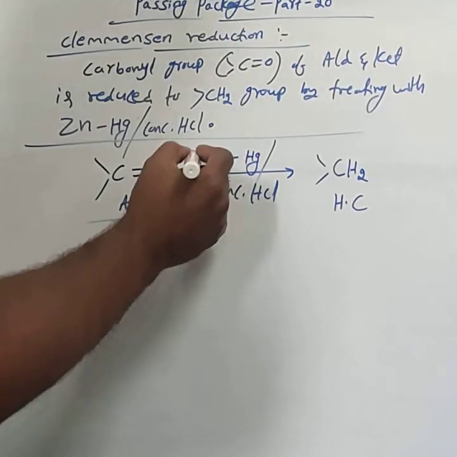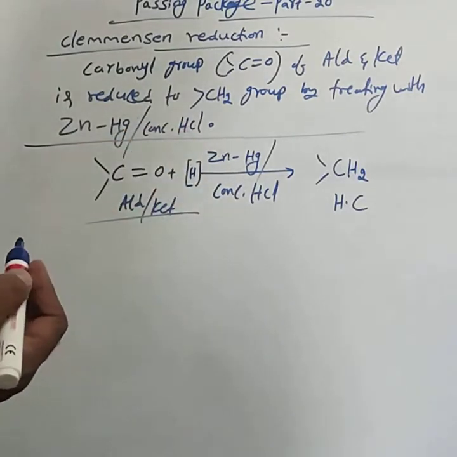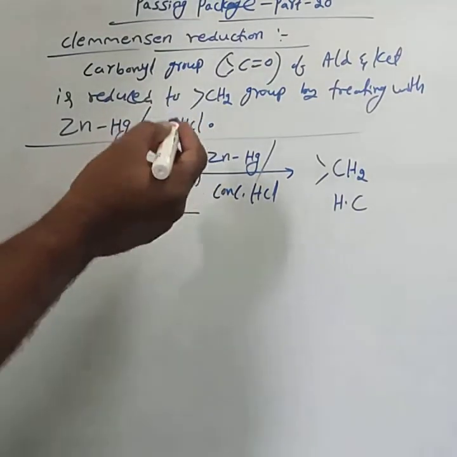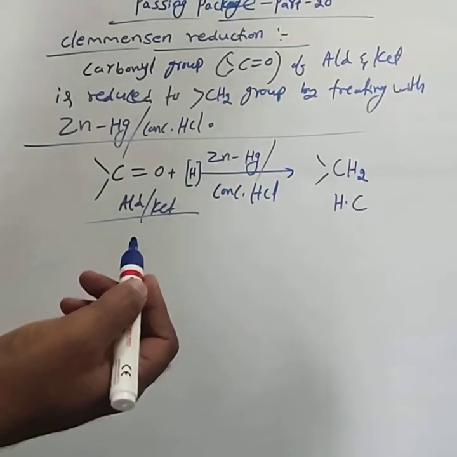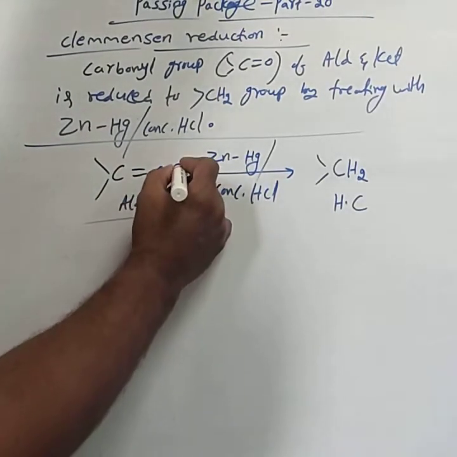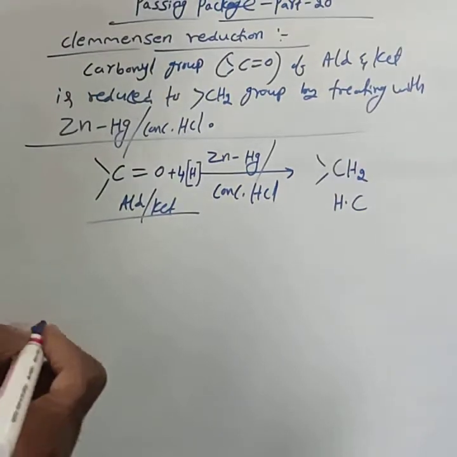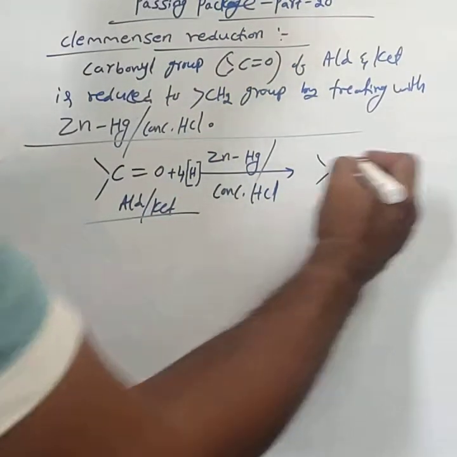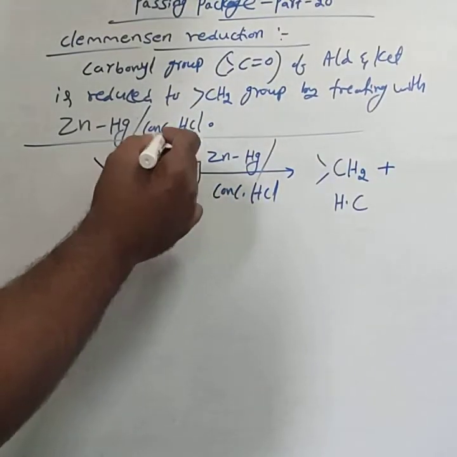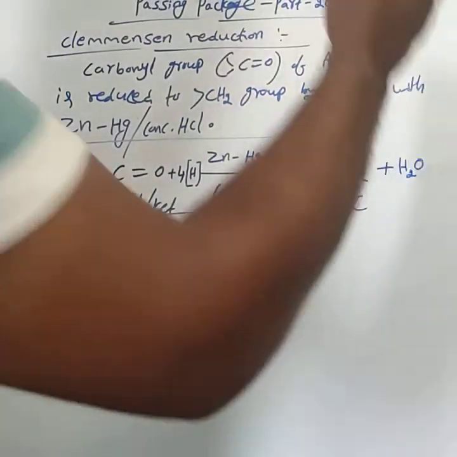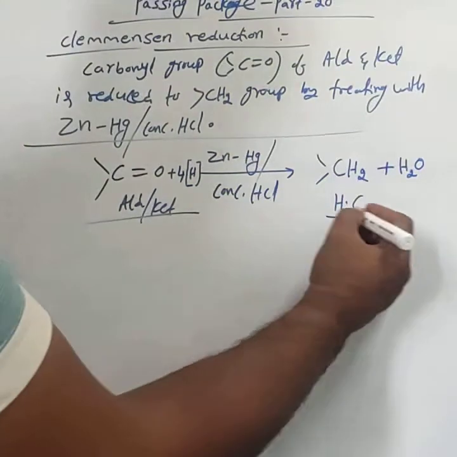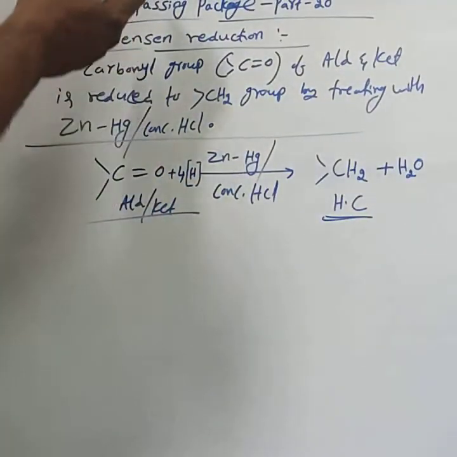Actually, there is no need of representing the nascent hydrogen, but for your confirmation I will write the hydrogen atoms. That requires totally 4 hydrogens: 2 hydrogens replace oxygen, and the other 2 hydrogens combine with oxygen and remove a water molecule. This is the hydrocarbon. This is very important.